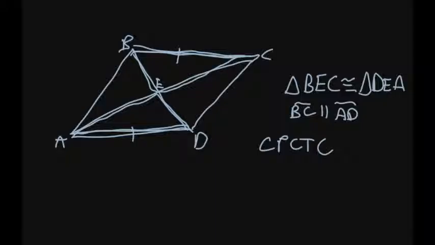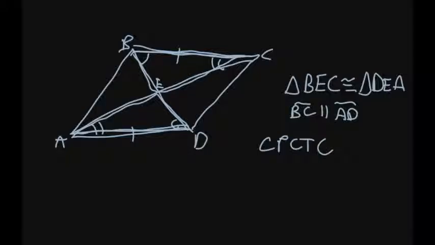Alright, so because we know those are the same, then we also know that angle D, angle ADE, would be the same as angle B, and angle C would be the same as angle A. So that would make these other angles the same as their corresponding parts.